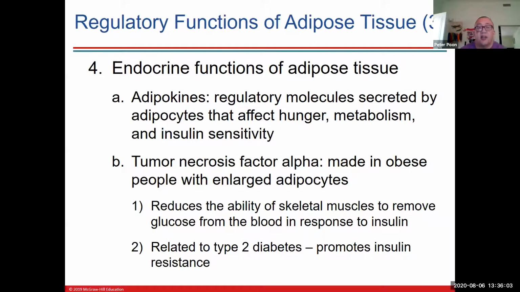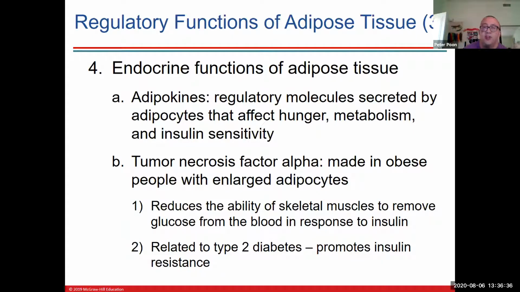The endocrine functions of adipose tissue. Tumor necrosis factor alpha, TNF alpha, is made in obese people with enlarged adipocytes. TNF alpha reduces the ability of skeletal muscles to remove glucose from the blood in response to insulin, and that makes it harder to take up sugar, and you get tired faster.